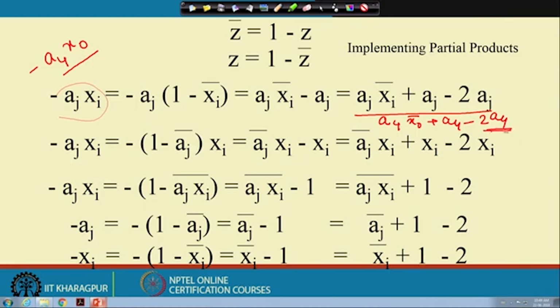So, minus 2 a4 means what? 2 of a4 is just a left shift by 1. And what is the corresponding weight? As this value is minus, the weight for that will be minus.